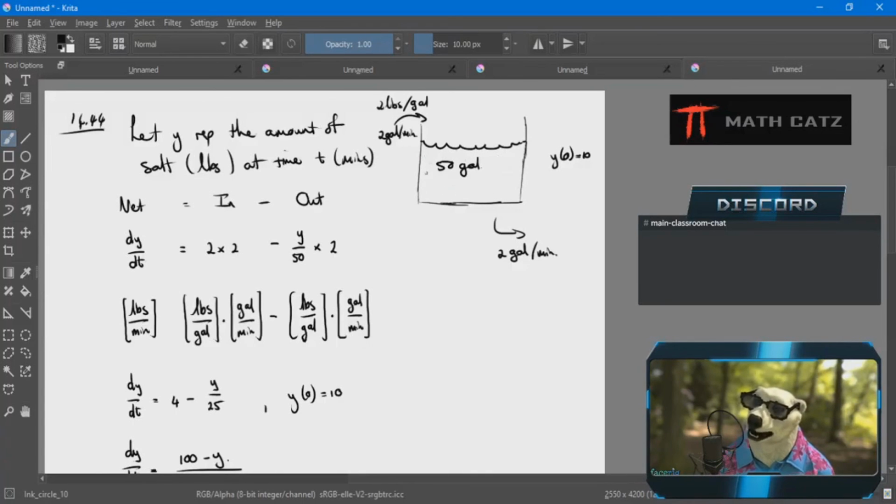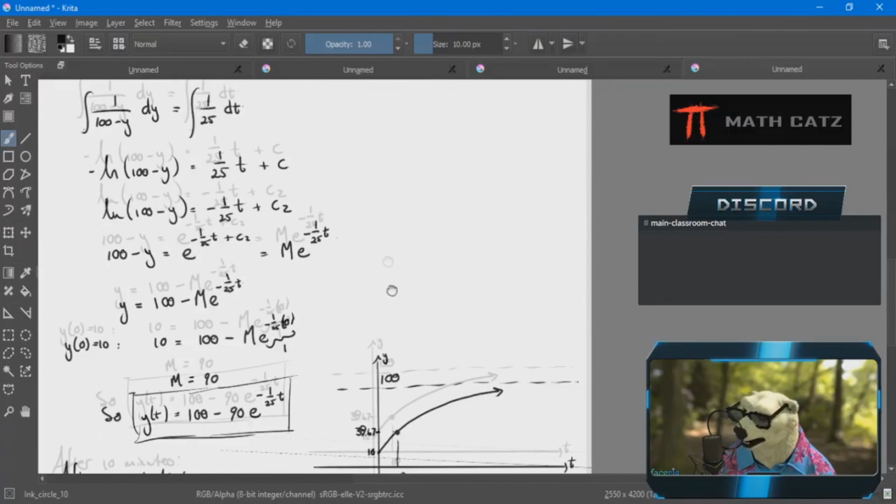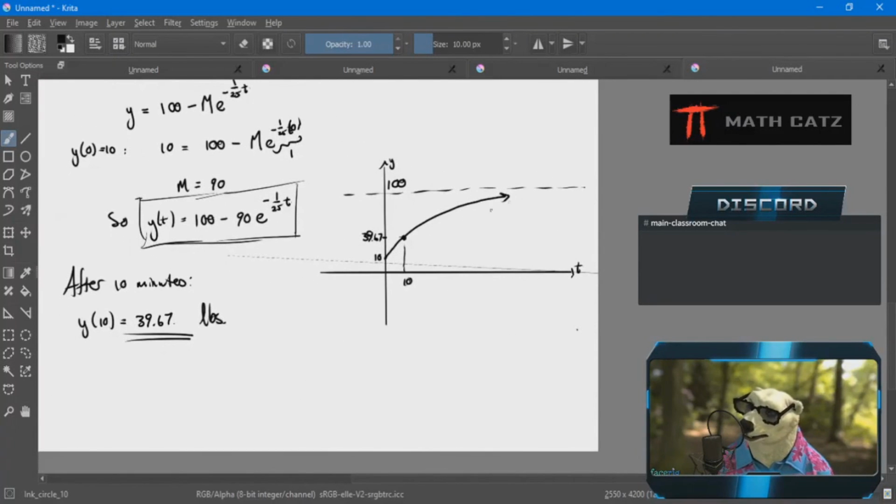But the more salt in the 50 gallons, the higher the concentration and the more salt is exiting, to the point where they are matching each other almost perfectly. And the graph gets really flat. So the actual increase gets closer and closer to zero.